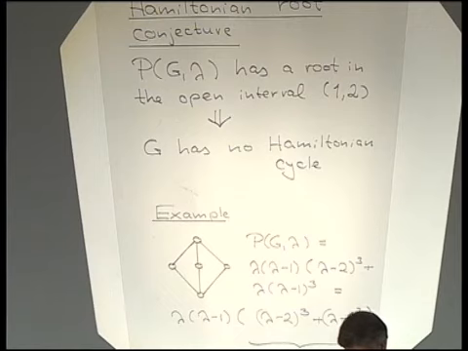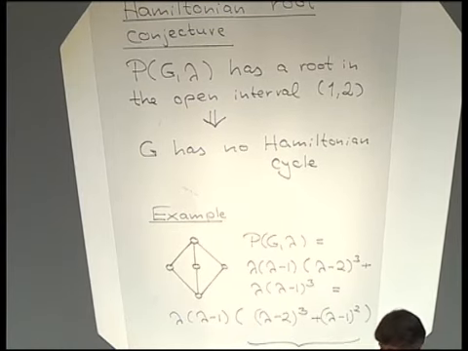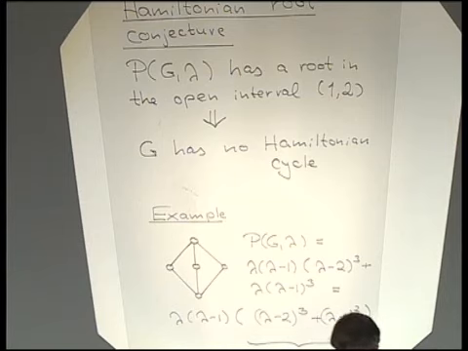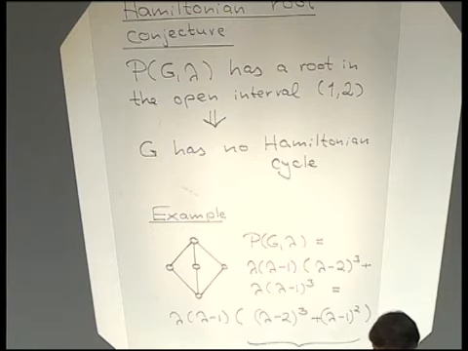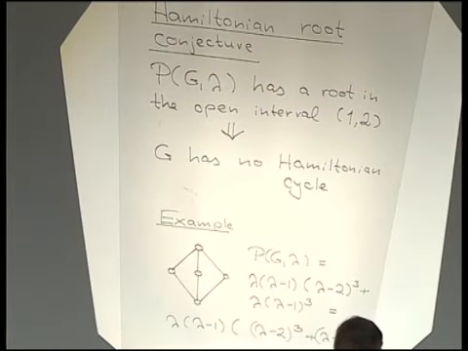It doesn't qualify for being a certificate because you can't compute the chromatic polynomial in polynomial time, but if Geoff gives me the chromatic polynomial as he suggested, then we have, for a much larger class of graphs, a way of proving that it has no Hamiltonian cycle. But only in the interval between 1 and 2, because already in the interval between 2 and 3, this will become wrong.